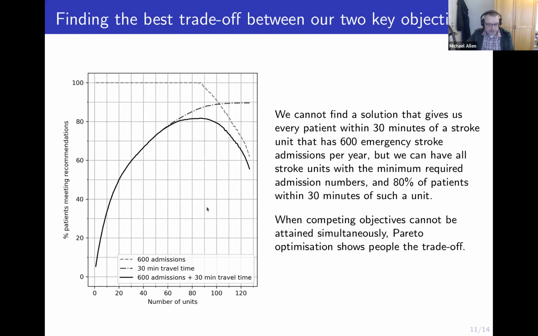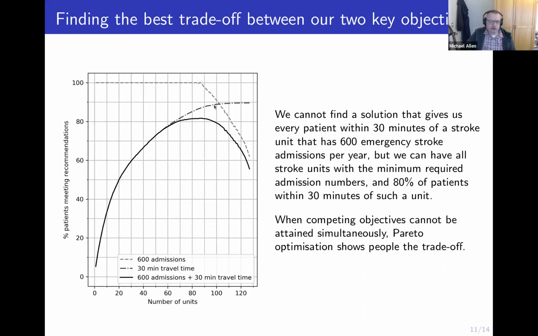And you can see we can get up to about 85 units, and then we start to hamper this objective. As we add in more units, we necessarily start to split some bigger units up so that patients will start to go to smaller units.